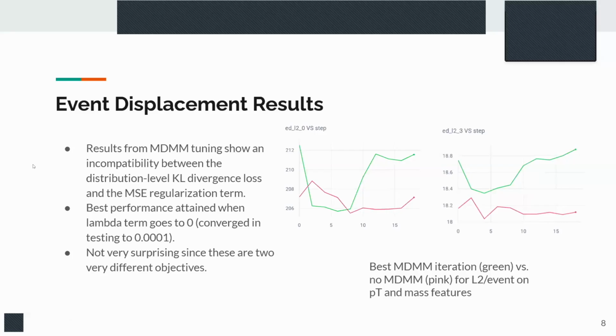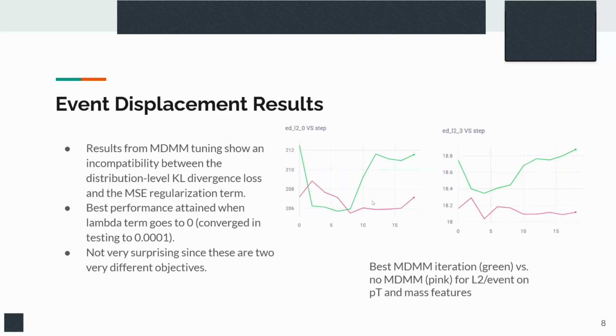The results from our MDMM tuning show that there is an incompatibility between distribution level KL divergence loss and our MSE regularization term. Our best performance was attained when the MDMM contribution to our loss was minimized. These plots show your L2 norm, which is just MSE, versus the steps, so over time.